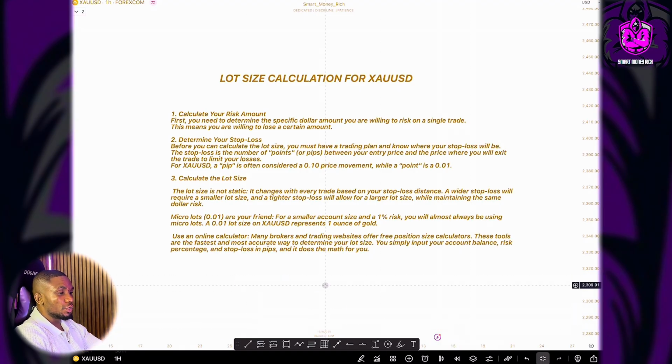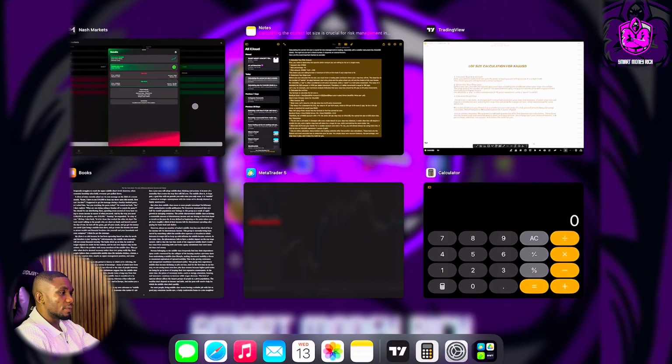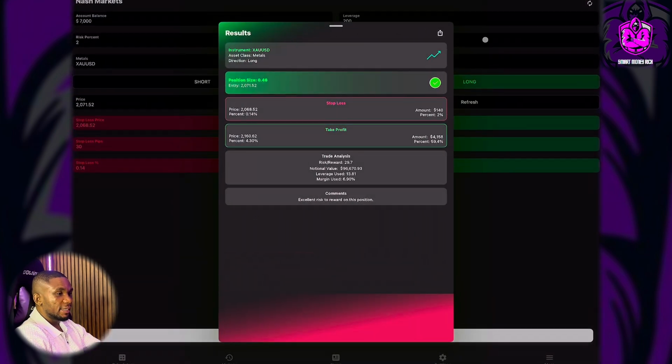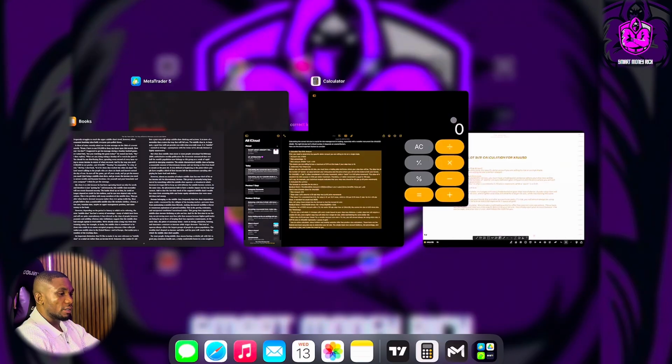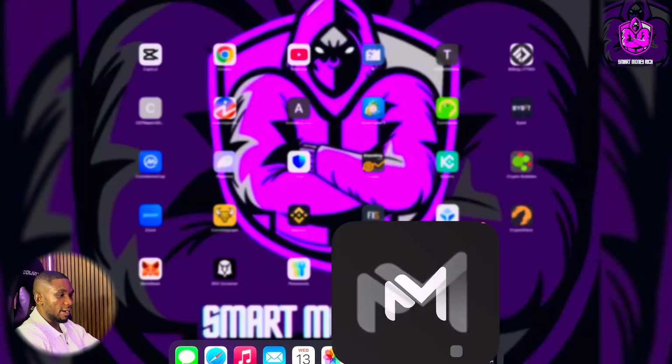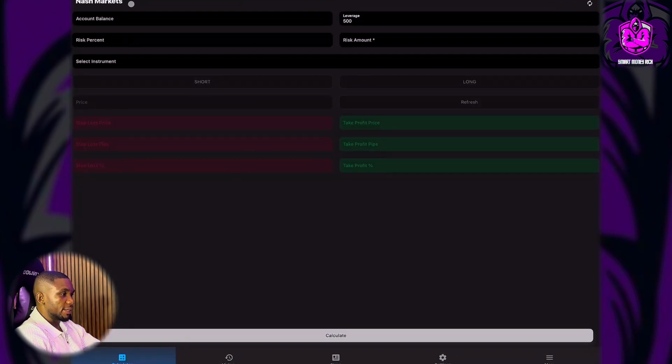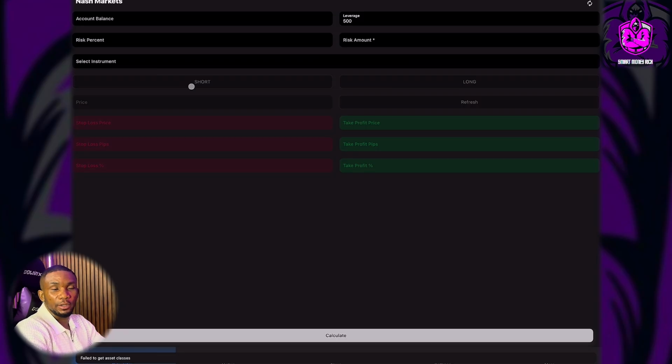So now what we do is, there is this app called Nash Market that I usually use, right? This is it over here. You can actually go and download it from the App Store. This is very, very good. It's perfect when it comes to calculating gold.